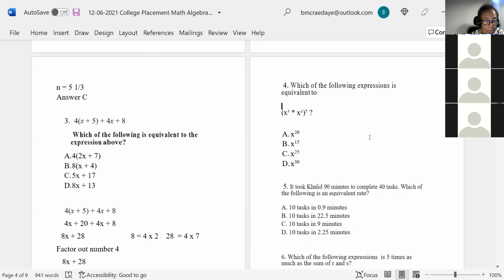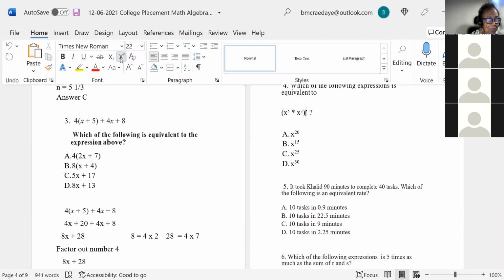You said C? How did you get C? This is x to the 3rd times x to the 2nd, all raised to the 5th power. Everything is raised to the 5th power.